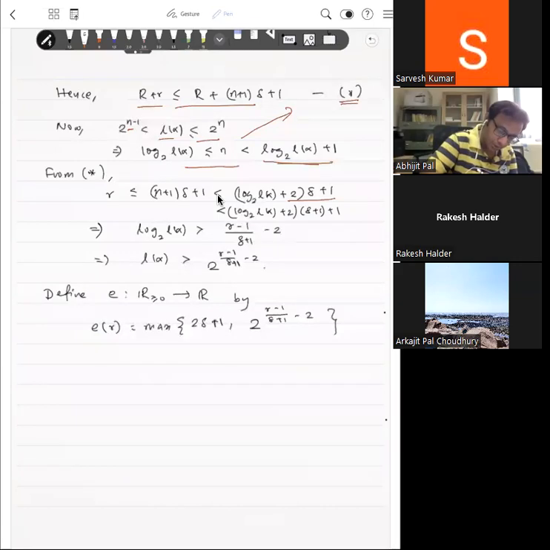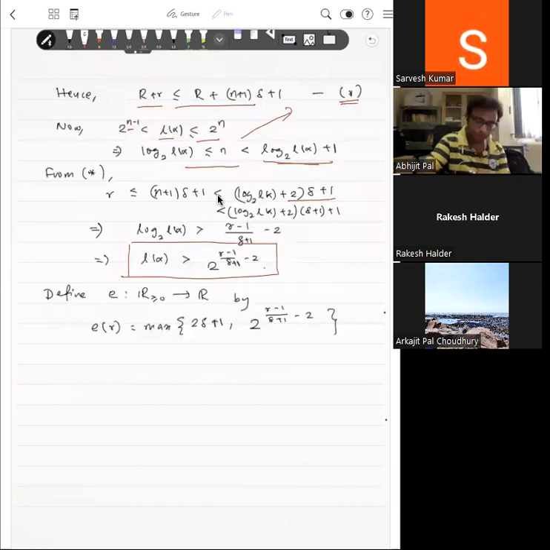Therefore, eventually the length of alpha is greater than 2 to the power R minus 1 by delta plus 1, minus 2. This right hand side is some kind of exponential function of R. We have observed this.